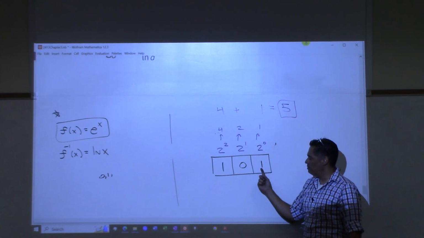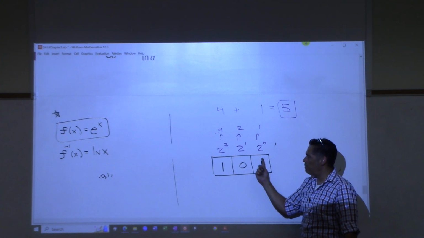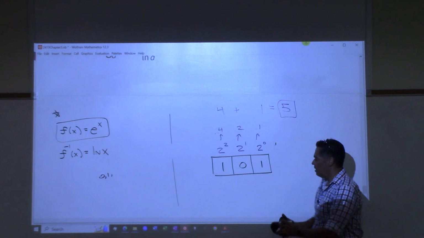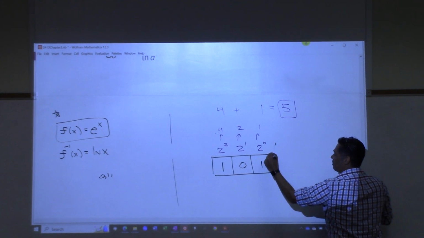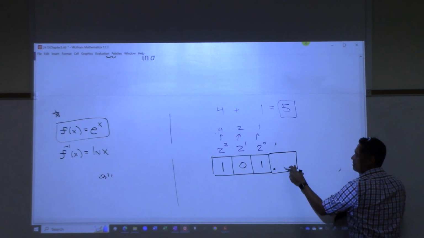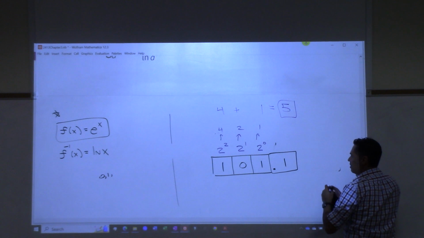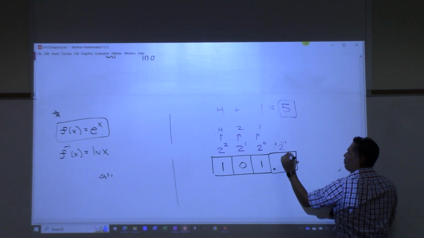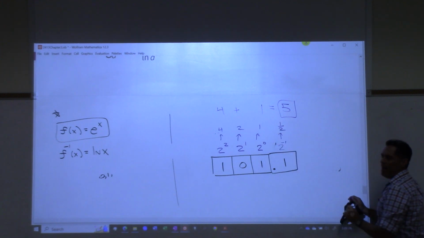Binary is 2 options for each digit, and then each one of those is some power of 2. And you can actually have a decimal binary. You can go backwards. What would this be? I only have 2 options, so 1 here, right? What is this? 2 to the negative 1, but what's that? 1 over 2, 1 half.